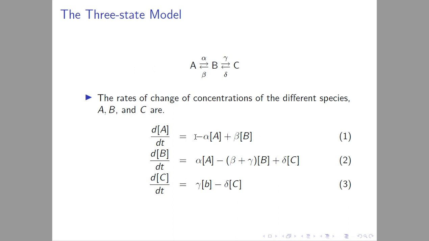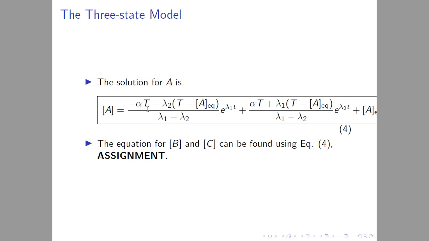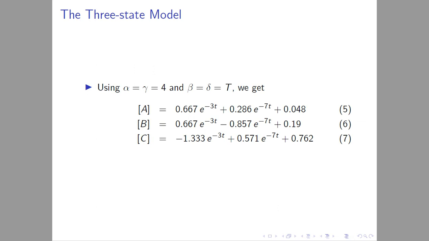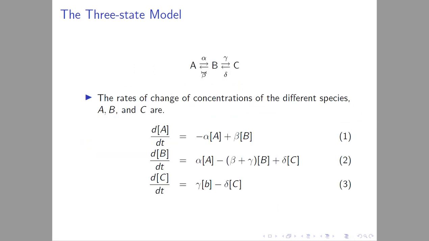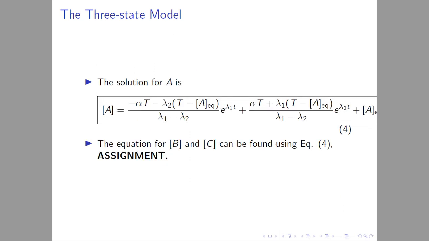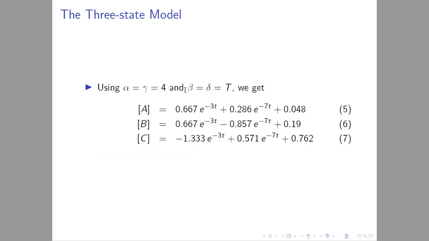Okay, and looking at our textbook, solving this equation for A, B, and C, we are going to get this equation for the solution for A. For B and C, we can do the exercise to get B and C. So we set alpha and gamma equal to 4, and beta equal to delta equal to 1.